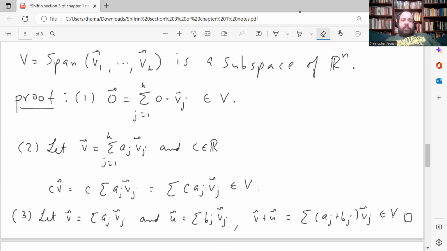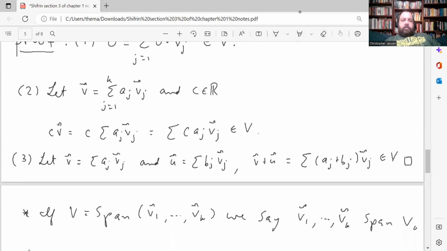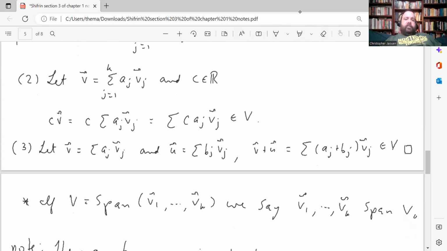And a similar thing for addition, which I have written down here. If v is a linear combination of v1 through vk, and u is a linear combination of v1 through vk, and you look at their sum and simplify using the algebraic rules for vectors, then you still get a linear combination of v1 through vk. So that means that the sum is in the set, so it's closed under vector addition.